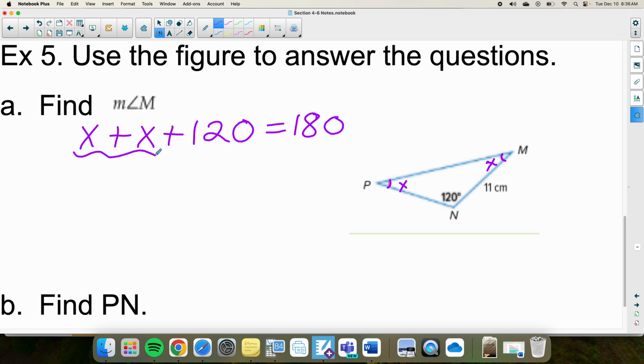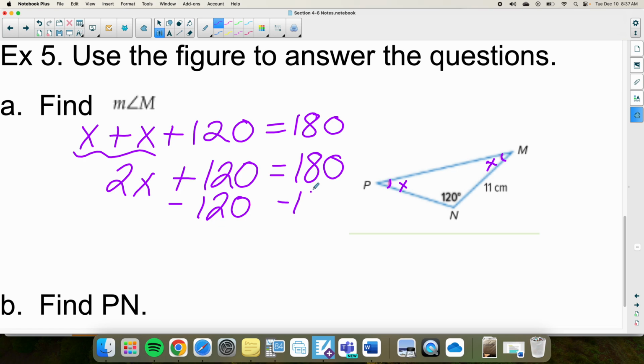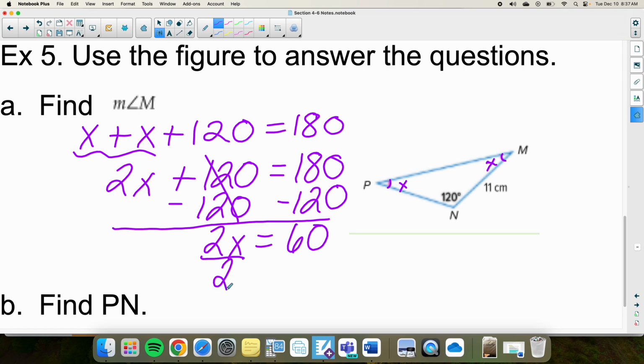X plus x is 2x plus 120 equals 180. Then I'm going to subtract 120, and I get 2x equals 60, divide by 2, and x is 30. So each of these we found to be 30. So our answer here is 30.